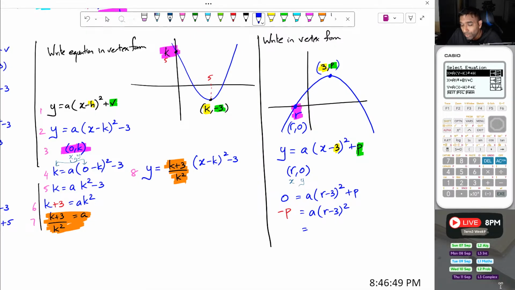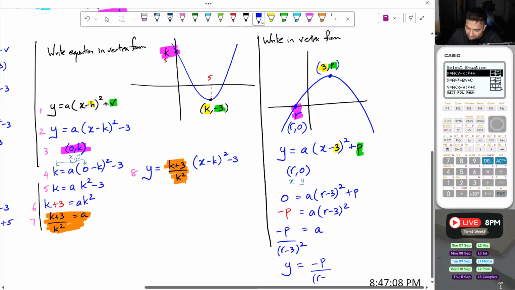Now, no point expanding this (r minus 3) squared. We're just going to leave it as it is. So what we're going to get is a is equal to negative p divided by (r minus 3) squared. And guess what, people? We're done, because our equation is y is equal to minus p over (r minus 3) squared, times (x minus 3) squared plus p.